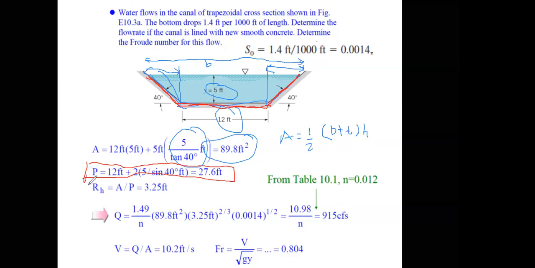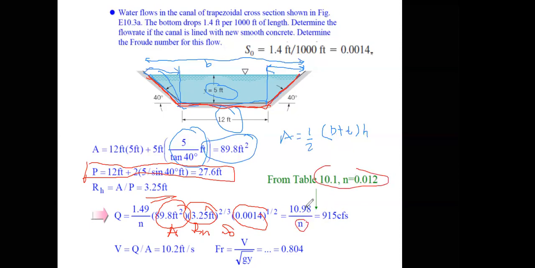So you find the hydraulic radius as A over P, 3.25 feet, and then you just plug it into the equation. So this is the area, this is the hydraulic radius, and this is the slope. And N is obtained from the table.